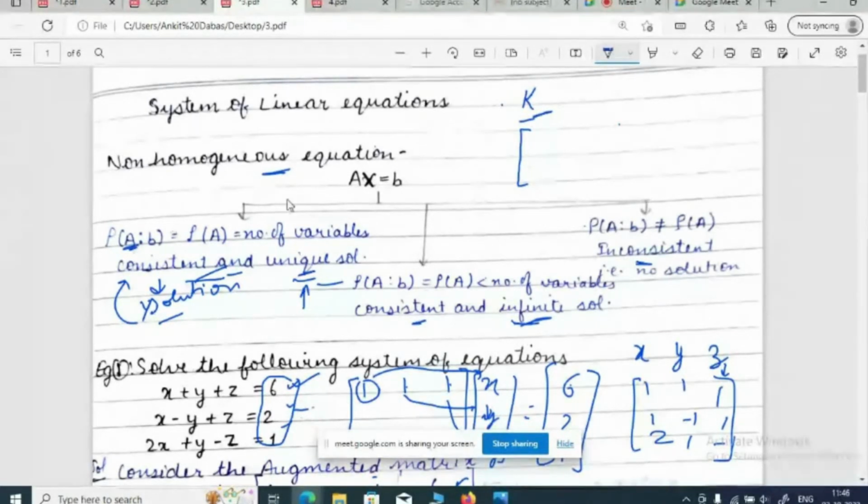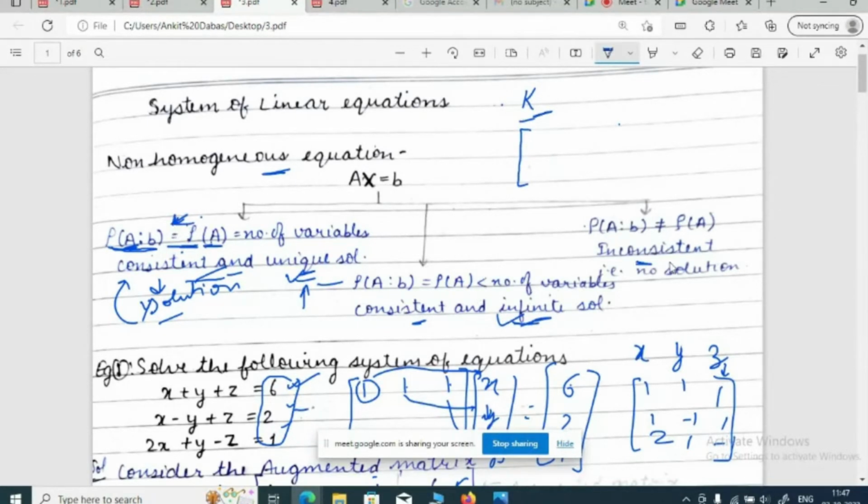So what we will do is find the rank of the augmented matrix, rank of A with B, and compare it with the rank of matrix A. If these are equal, then we will have a solution for sure. Either it will be a unique solution or an infinite solution. But whenever this equality holds, we will get a solution.